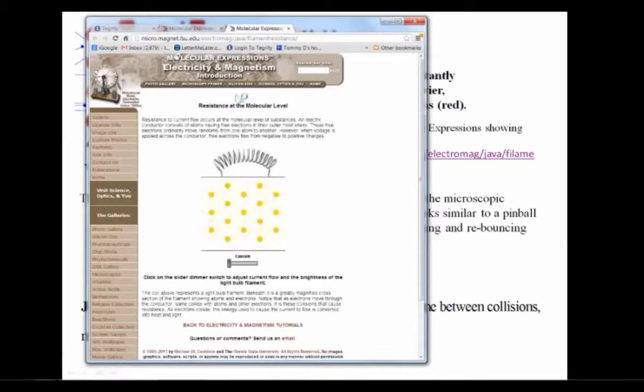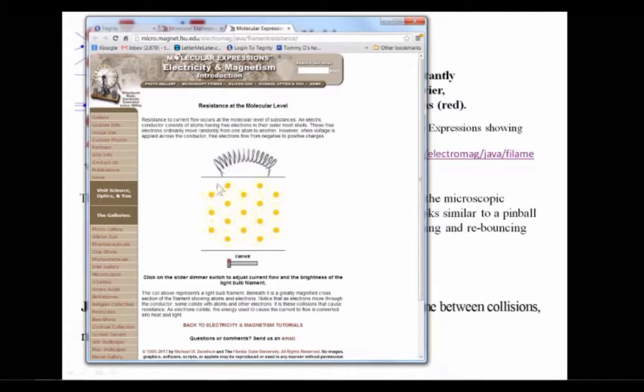This is at Molecular Expressions, which has a number of E&M applets. What you see here is a light bulb filament, and this is the current which is going to deliver the current to the filament. Right now there's zero current, but if I put a little bit of current, you can see these balls bouncing across the screen, and you can see that they're going in both directions.